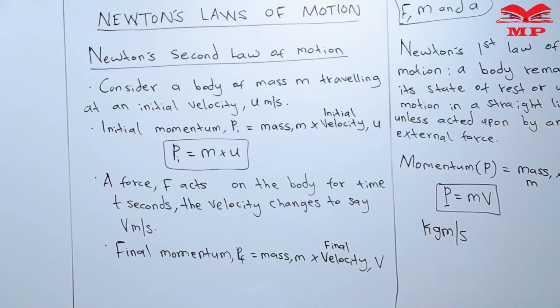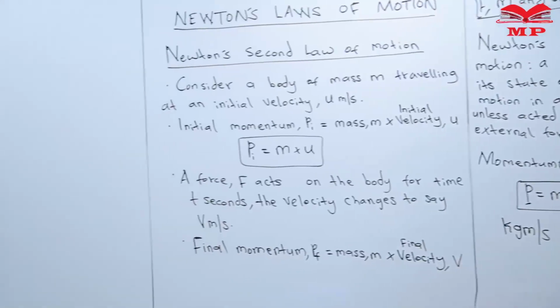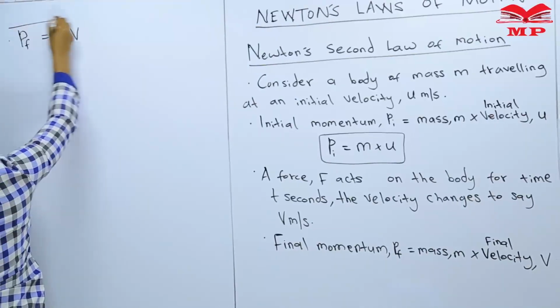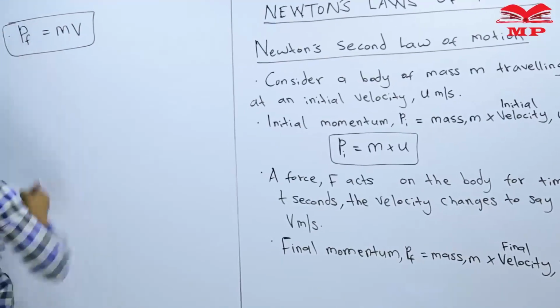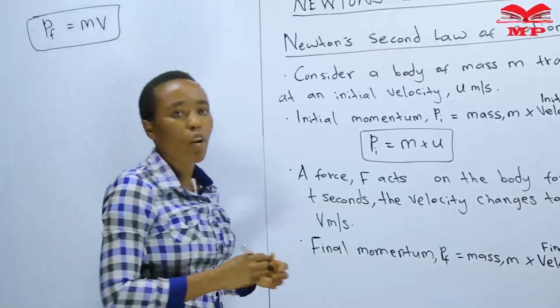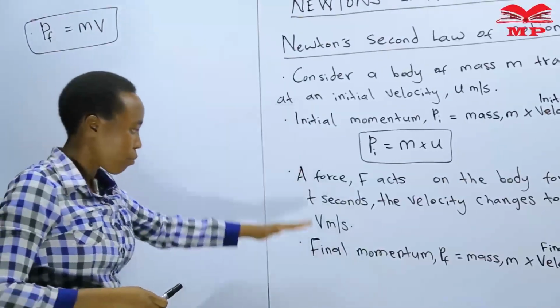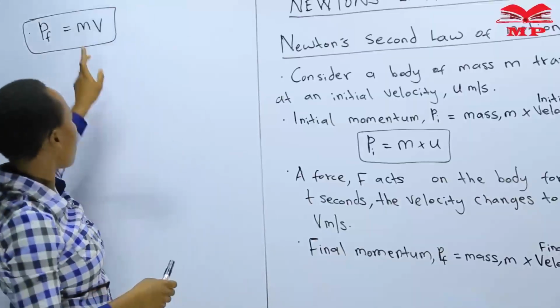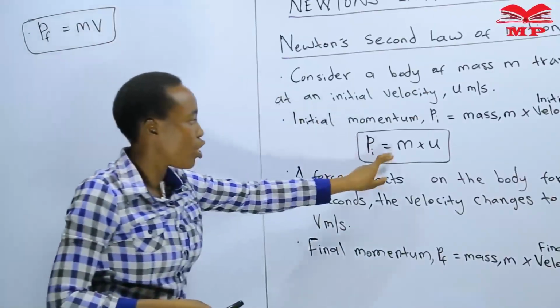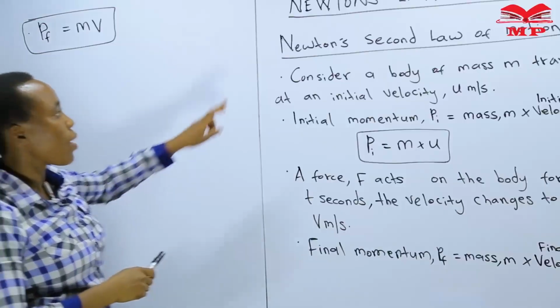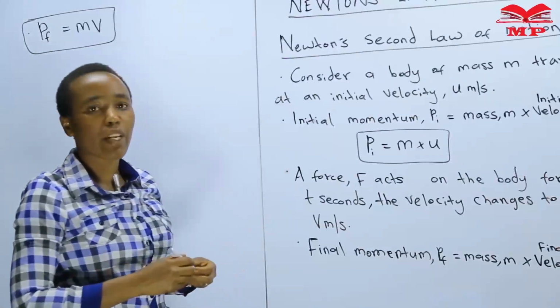So we have our initial momentum and our final momentum. We are moving ahead so that we can derive Newton's second law of motion.